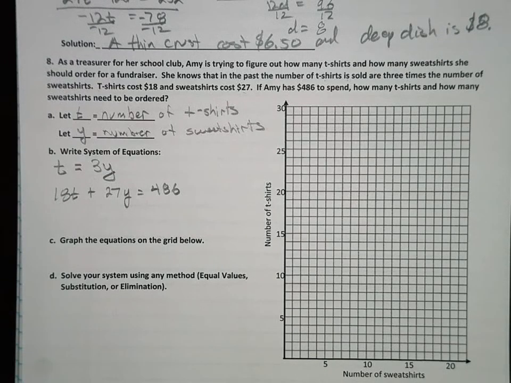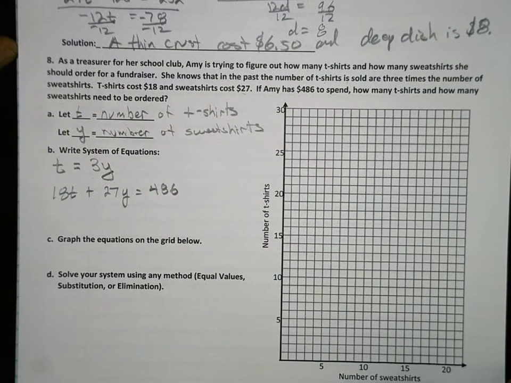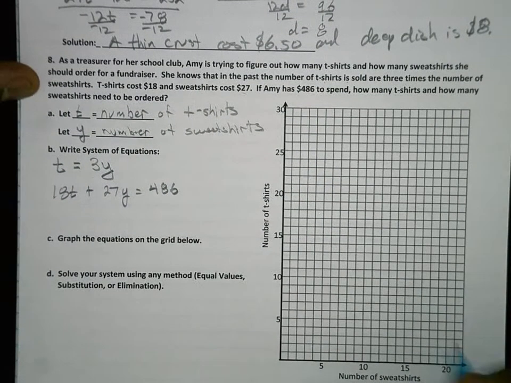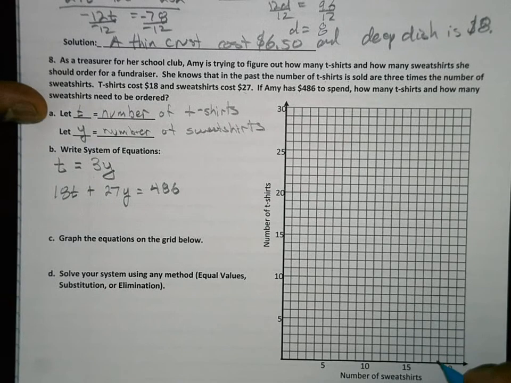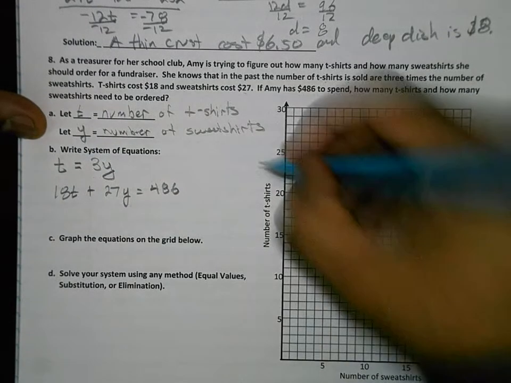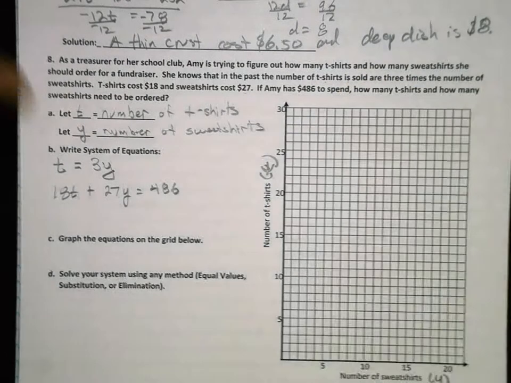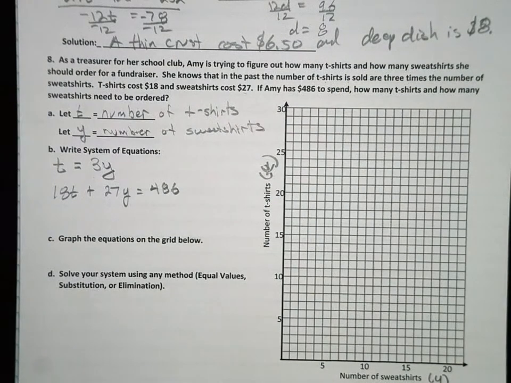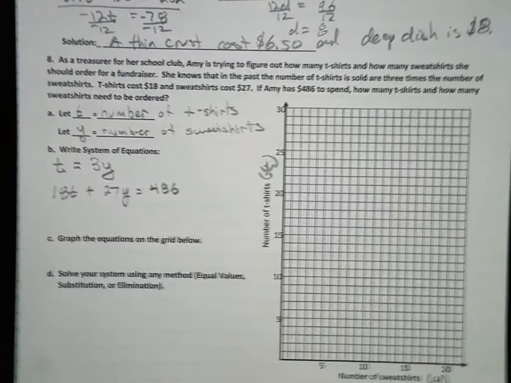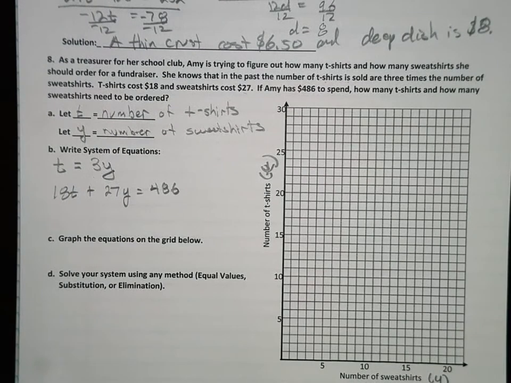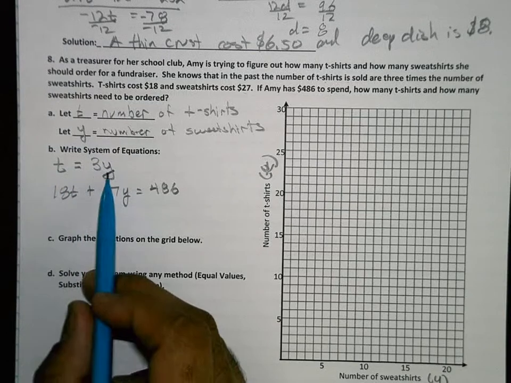So we'll go ahead and graph these. Okay. So down here is the number of sweatshirts, so that's going to be my Y values. I know it's on a Y axis, and this is going to be my T values. All right. So as I do this, this one is in the way that I want it.